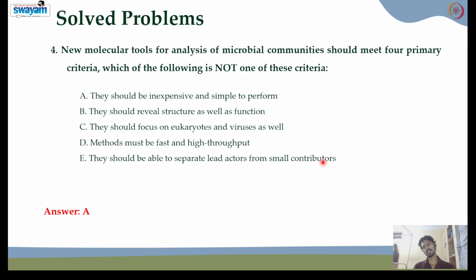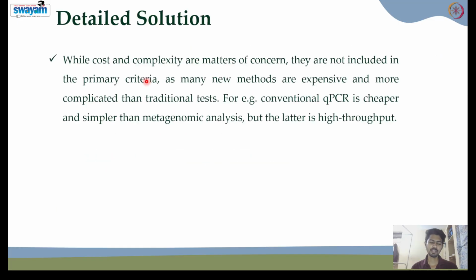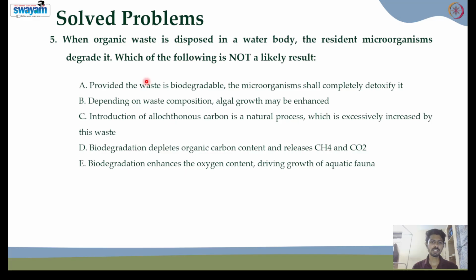This demonstrates the necessity of sensitivity, limit of detection and accuracy for any new molecular tools. So B, C, D, E are primary criteria, whereas A is a secondary criterion. This is why option A is not one of the primary criteria. So we will move on to the next question.